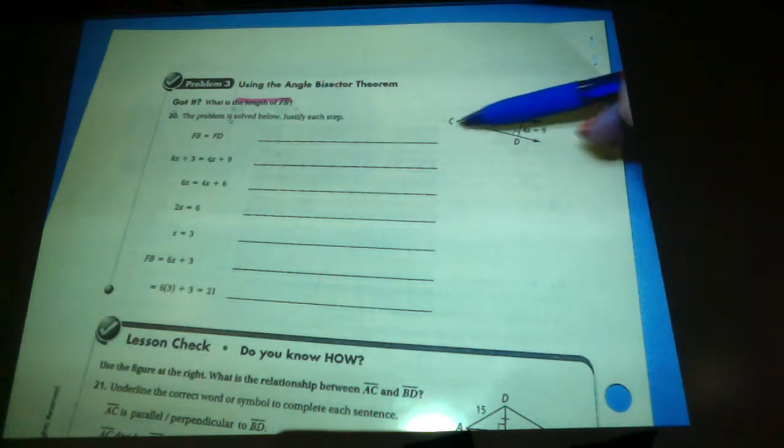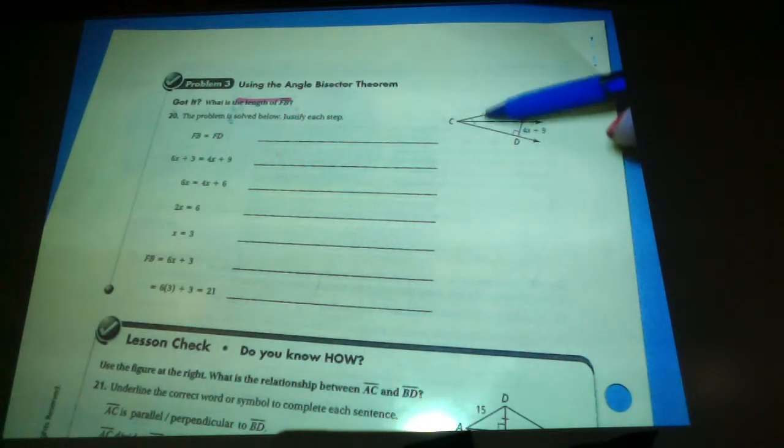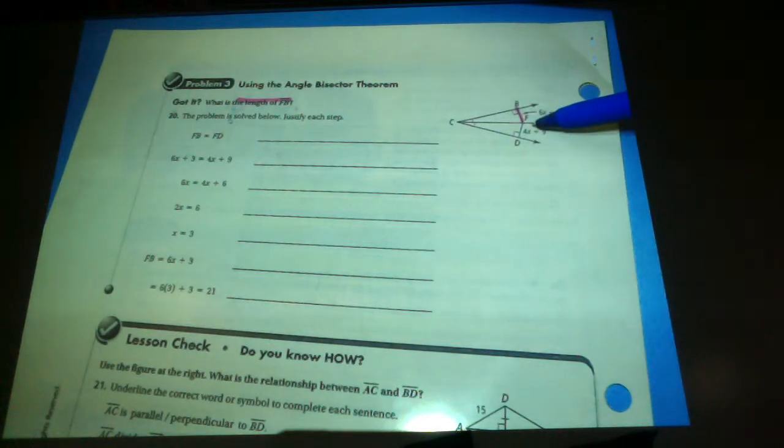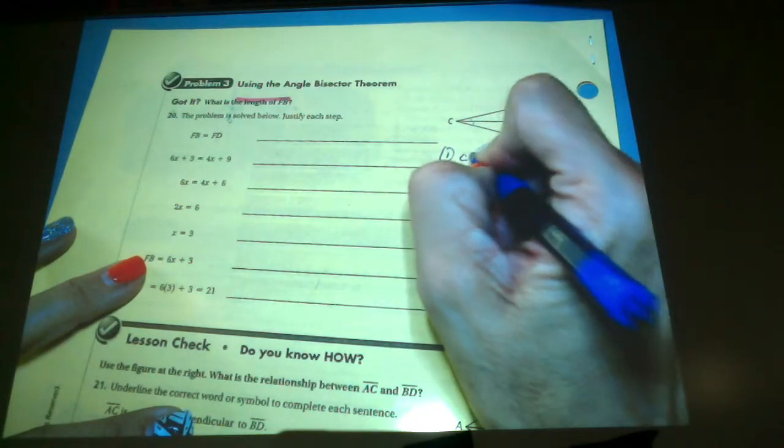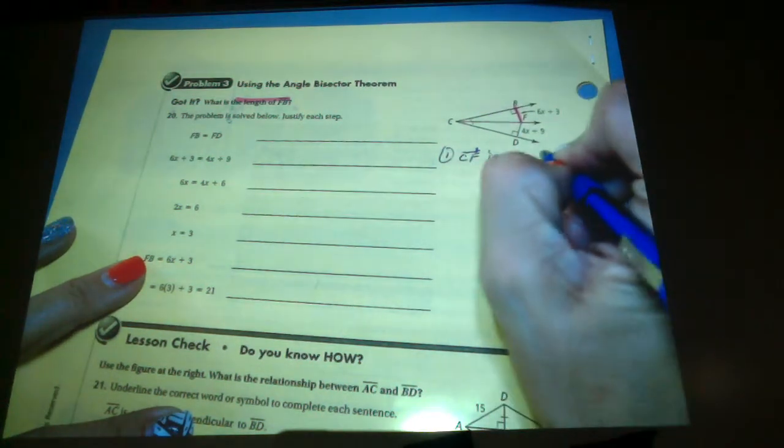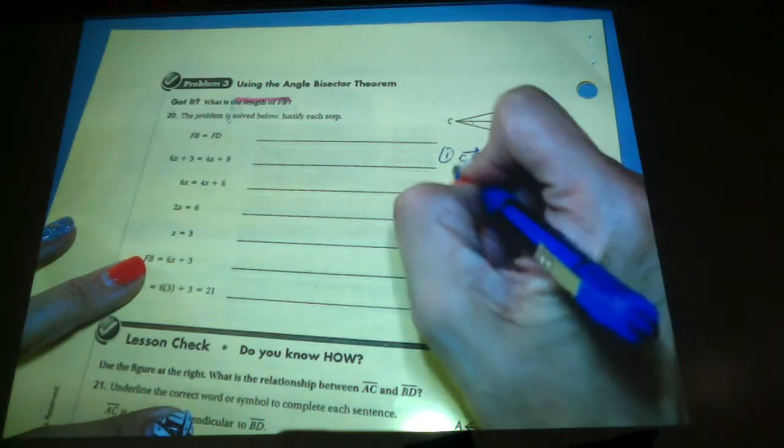But look here. What's happening with CF? What do these tell me? Isn't that telling you that CF is an angle bisector? So the first conclusion I can make is that segment CF, or ray CF, is an angle bisector just based upon the picture.